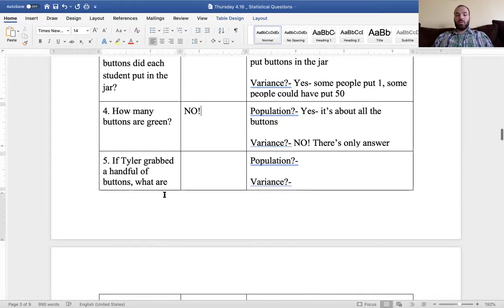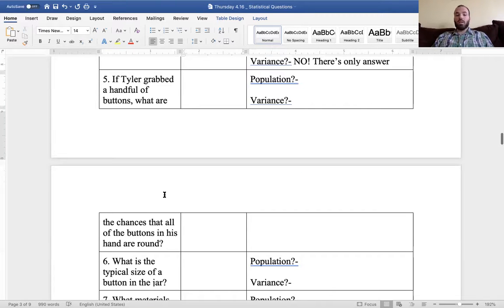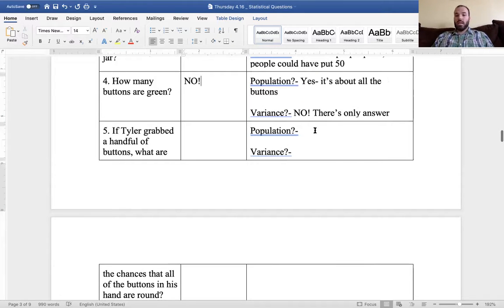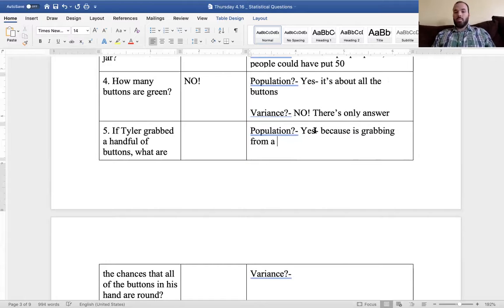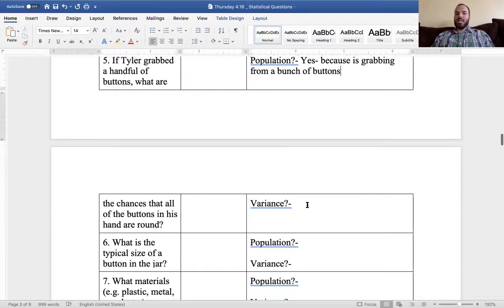If Tyler grabbed a handful of buttons, what are the chances that all the buttons in his hand are round? Is this a population? Yes, because he is grabbing from a bunch of buttons. Is there variance? The answer is yes.